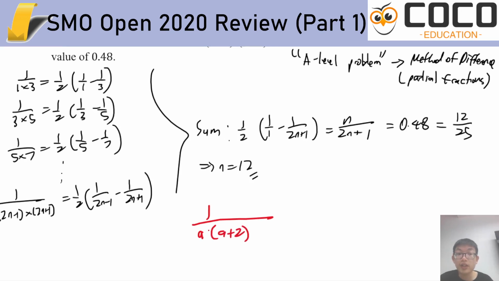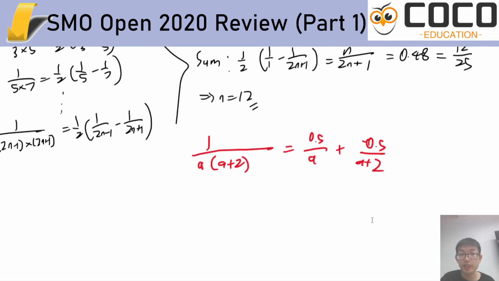If you have 1 over a times a plus 2, then we know that if we were to write it as partial fractions, it will be something over a and something over a plus 2. And then by cross multiplying and comparing coefficients, you will find that it is going to be 0.5 and negative 0.5. This is straightforward, but you will need to go to your classic partial fractions methods.